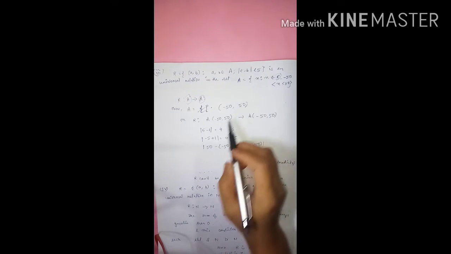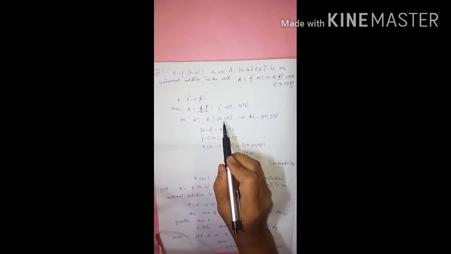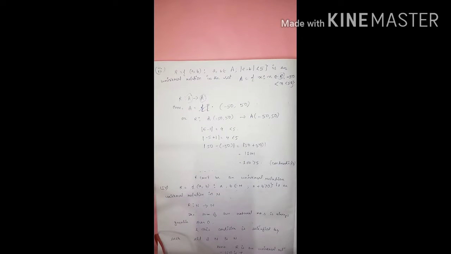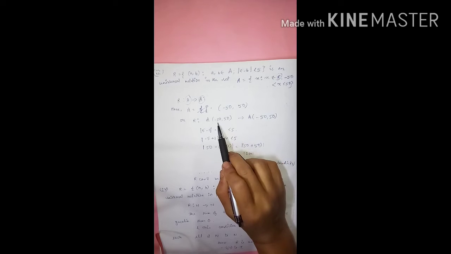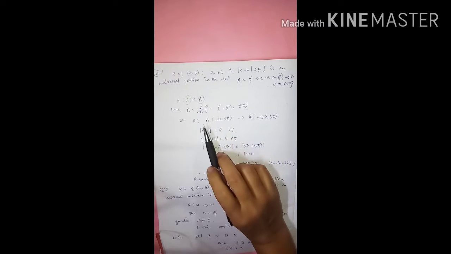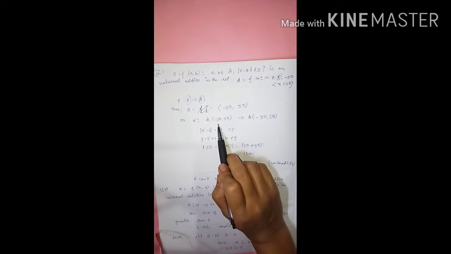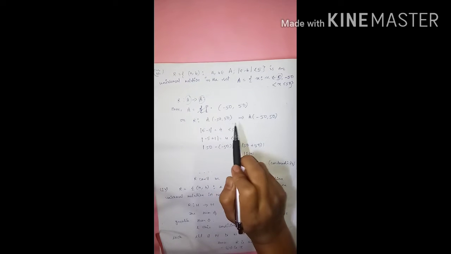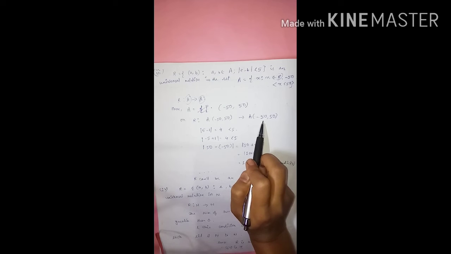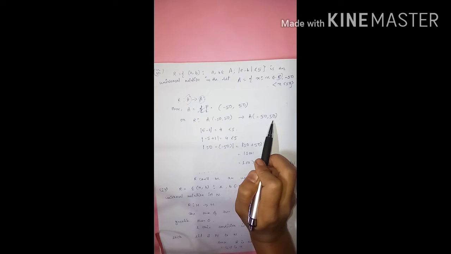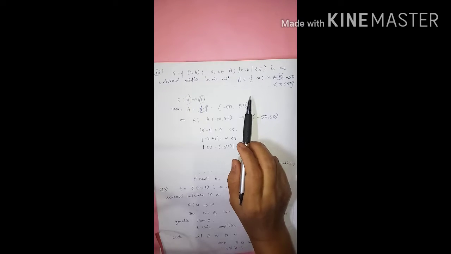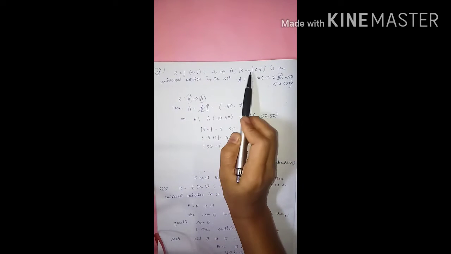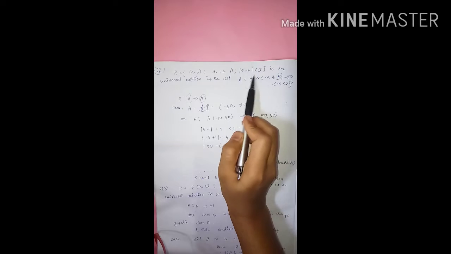The set A is in the form of an open interval, minus 50 comma plus 50. So R goes from the open interval (-50, 50) to (-50, 50). Now is there any pair a, b to fulfill this condition?